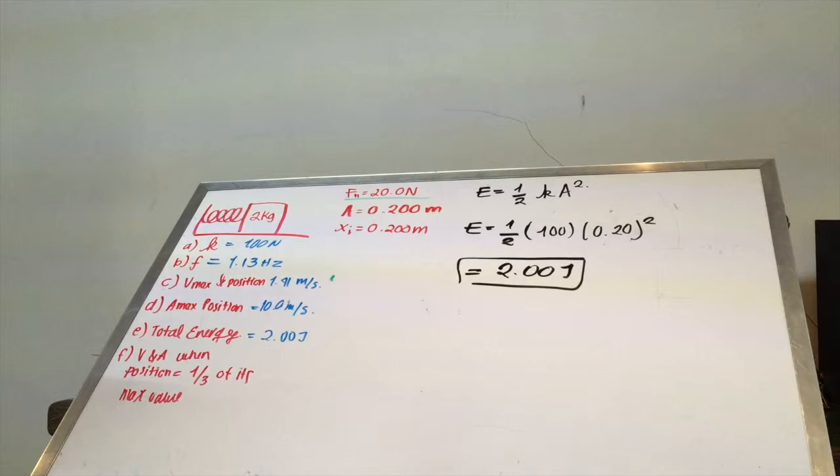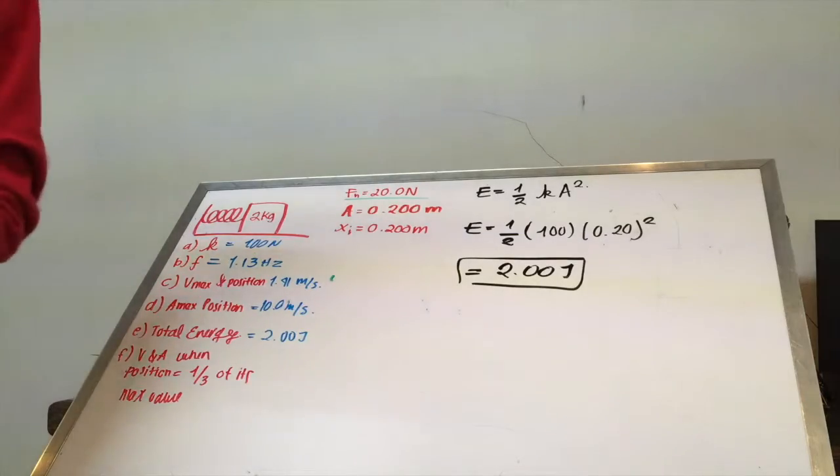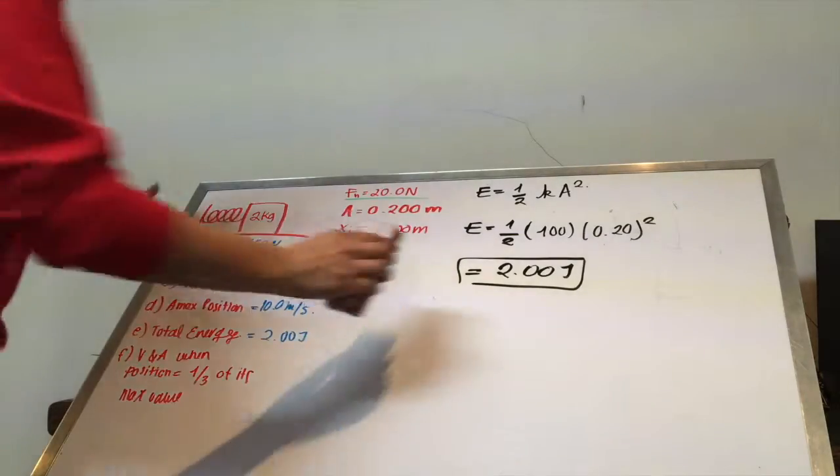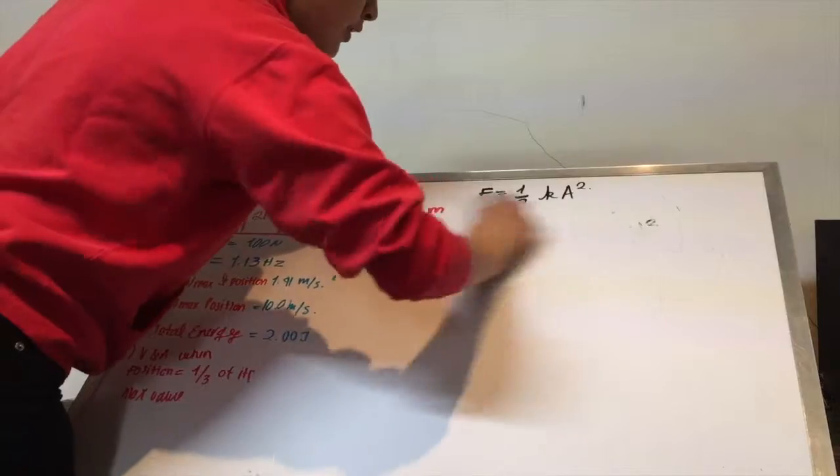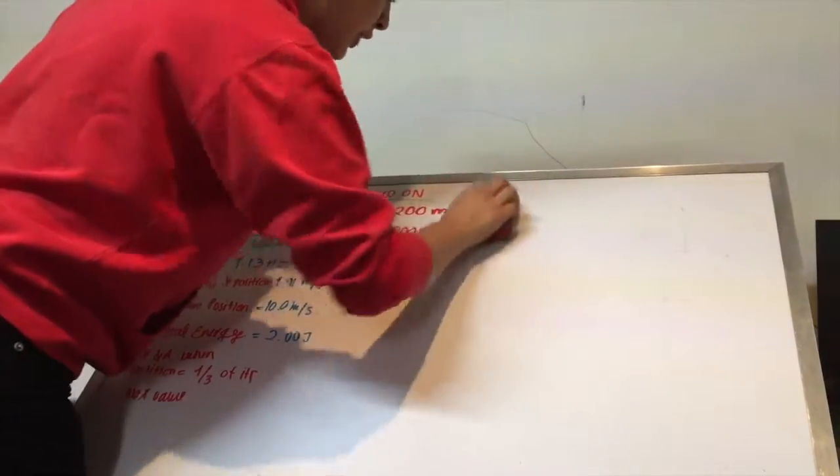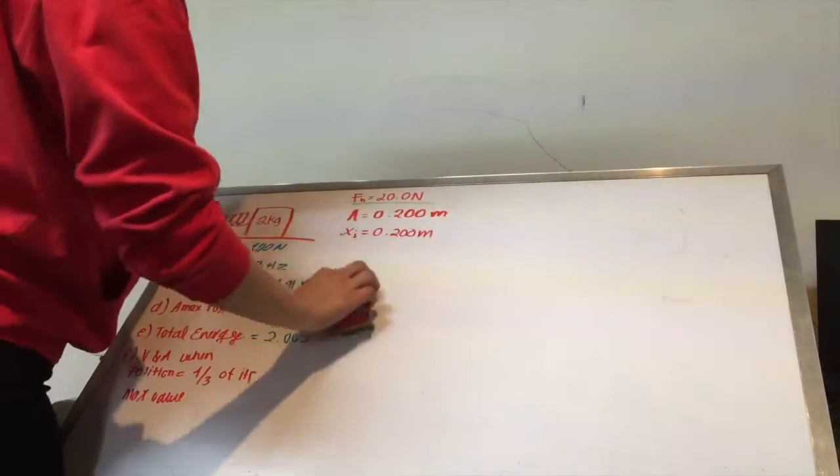Now they are asking us for the velocity and the acceleration when the position is equal to 1/3 of its maximum value. So let me erase this to continue to the next part.